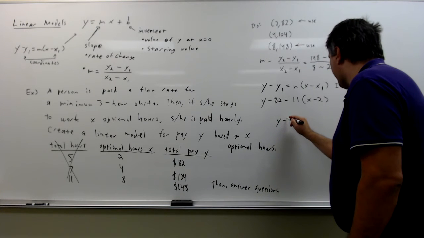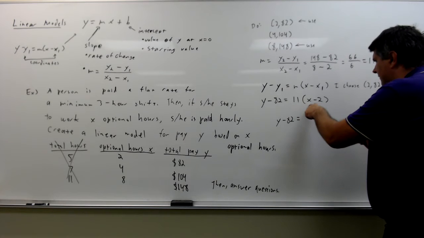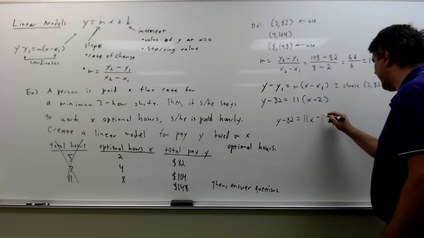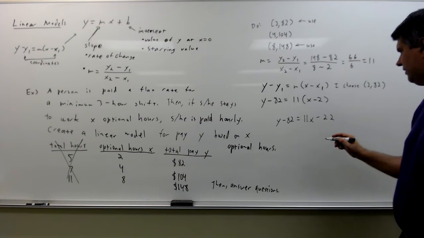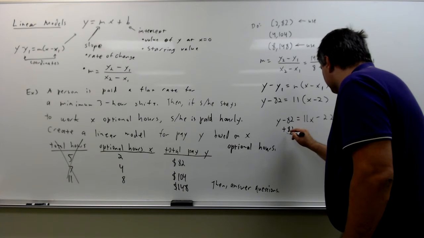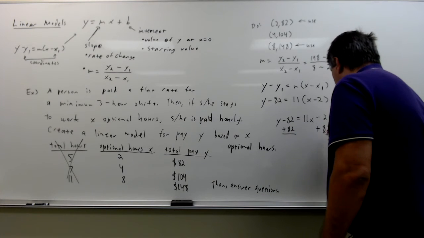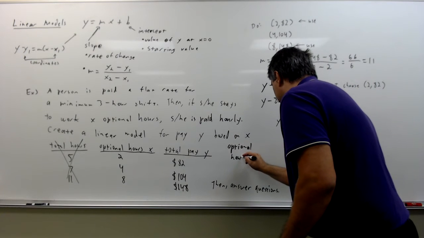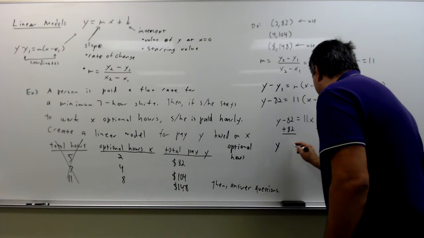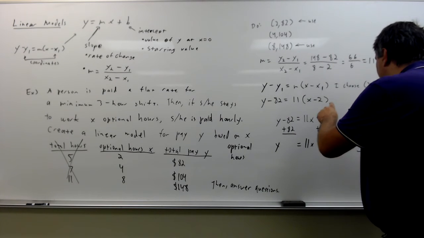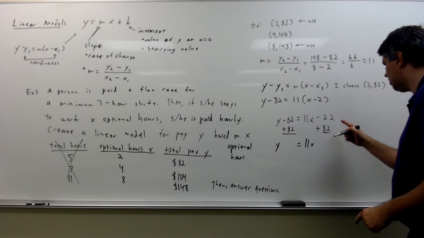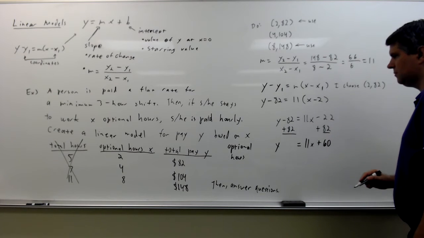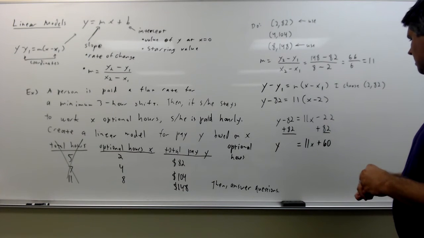So y minus 82 equals 11 times x, and 11 times minus 2 is negative 22. The next thing I need to do is add 82. So y equals 11x, and if I'm down 22 and I gain 82, that's a net gain of 60. So that's 11x plus 60.